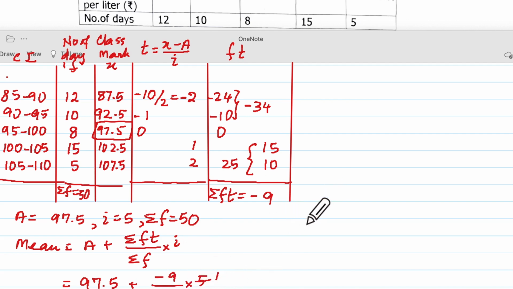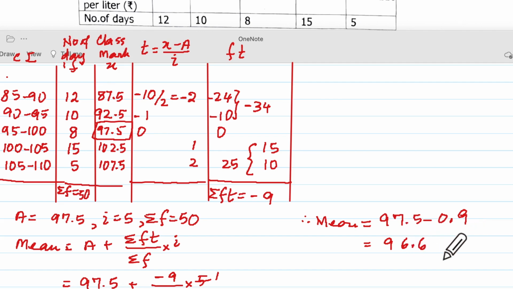So we will have mean equal to 97.5 minus 0.9, correct? So what you'll get? 96 point. How much are you getting? Yes, ma'am, 96.6.